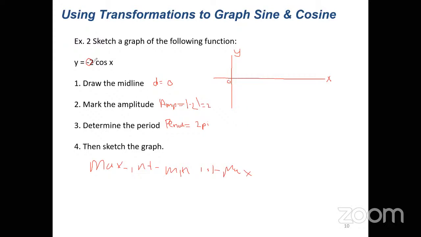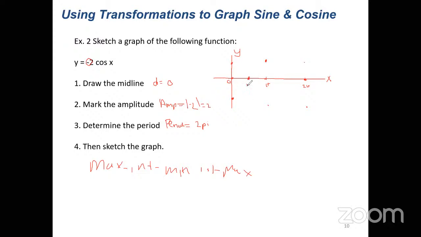The negative is going to reflect it over the x-axis. So you go from 0 to 2 pi, and you do have an intercept at pi. No, I'm sorry, it's cosine. Your max is here, and your max is here, and your min is here. But since there's a negative, it's going to reflect. So you actually have a min, you have a max, and you have a min, and then you have an intercept here.